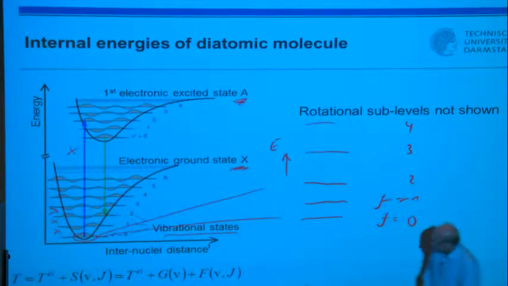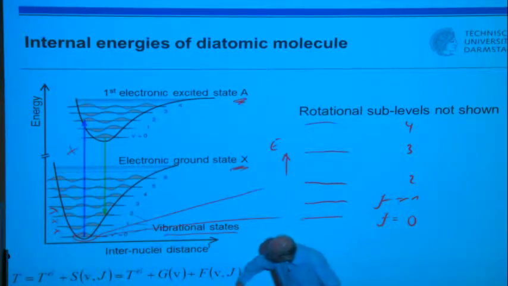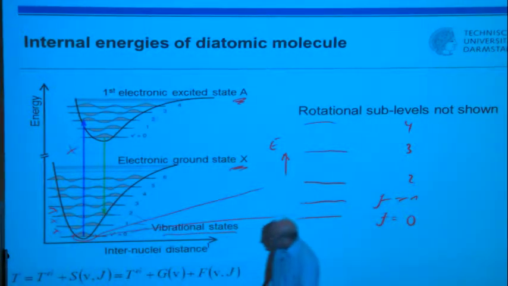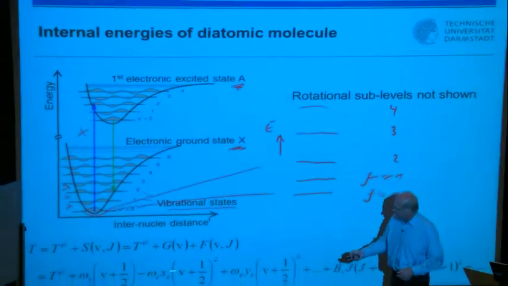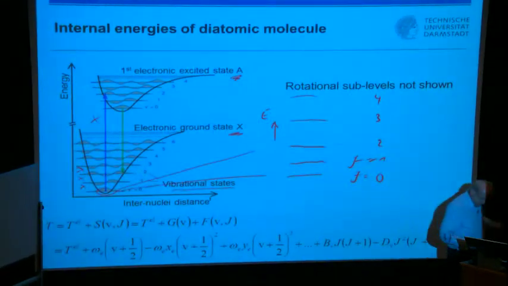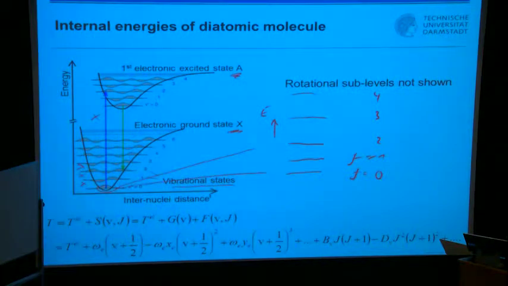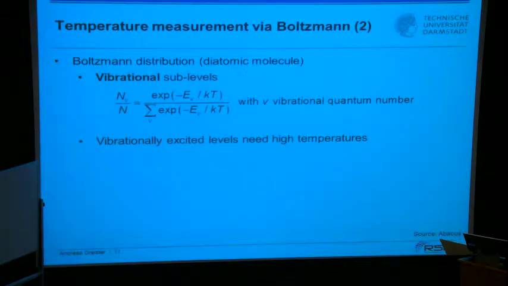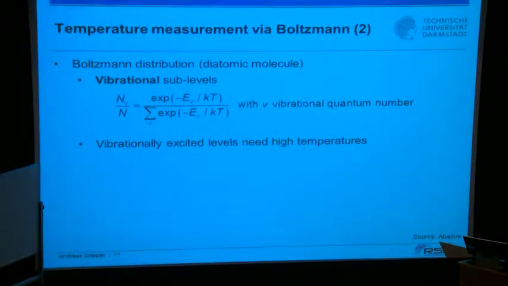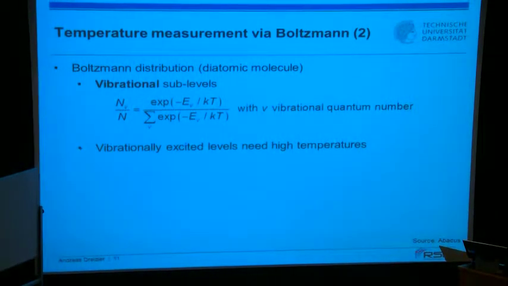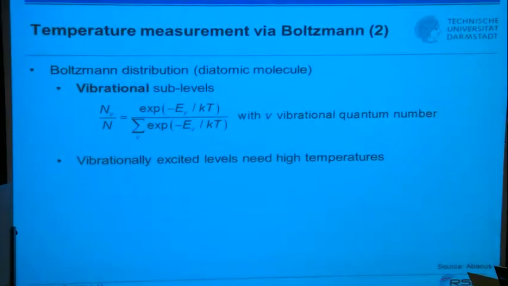That is to be calculated by this expression over here. For a given molecule, you know the constants omega E, Xe, and Ye, and with that you can calculate these vibrational energy levels, and the degeneracy factor has disappeared. It is simply 1 for vibrational states in a diatomic molecule.